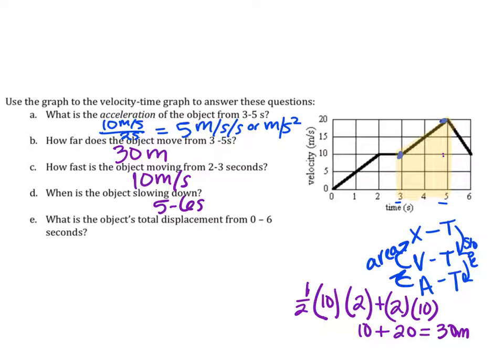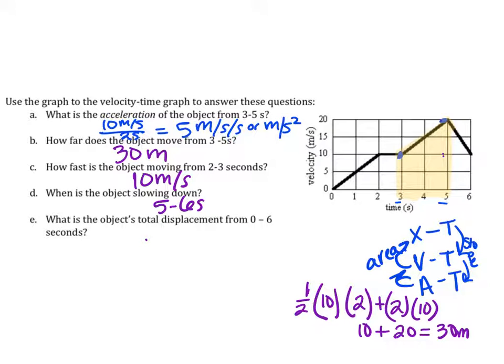Lastly, part E, we're looking for the total displacement from 0 to 6 seconds. This one is the most time-consuming part, and you want to find area. When you have a velocity graph like we do here, we're in the middle of the list, and we want position. We've actually already done part of this for question B, and we want to find the area of the entire thing.